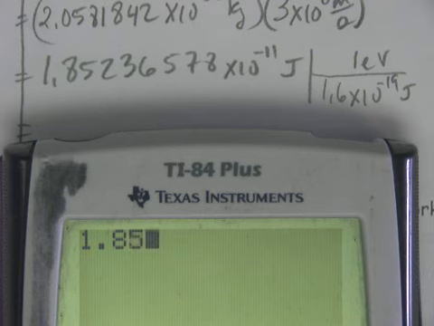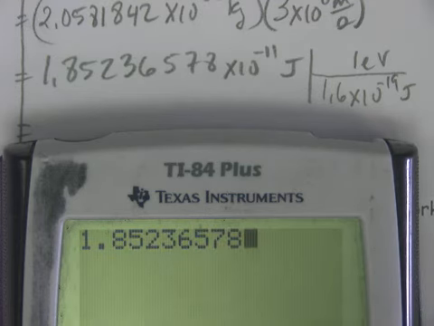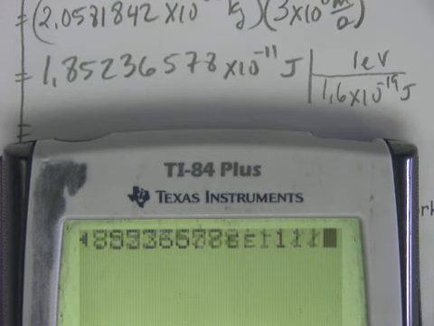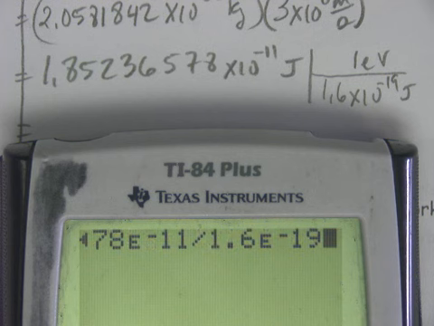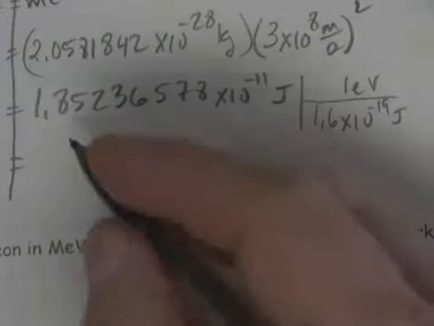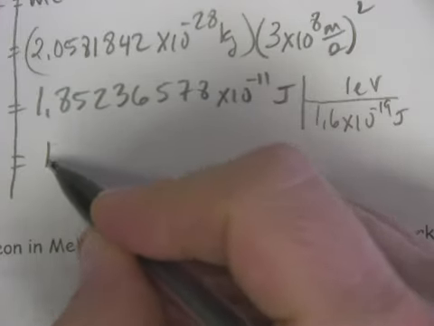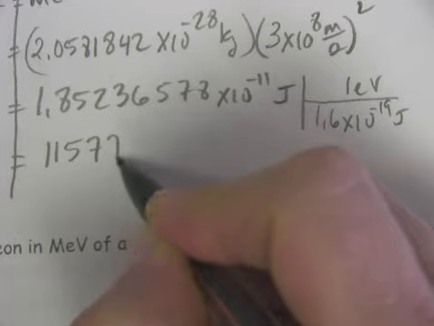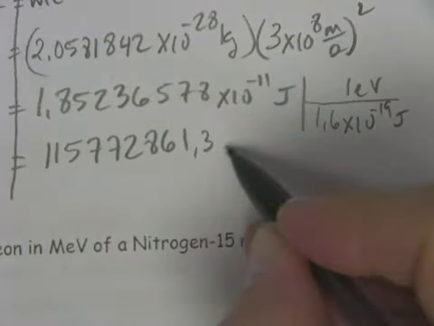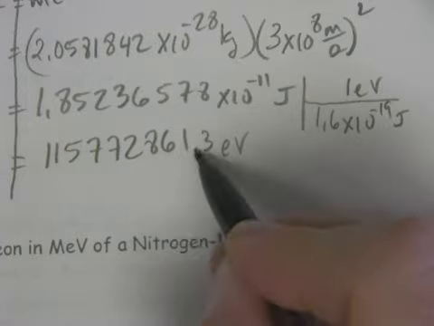So 1.85236578. Did I get that right? Yep. Times 10 to the minus 11th. And then I'm going to divide by 1.6 times 10 to the negative 19th. And yes, that's correct. So I'm going to record that. That's 115772861.3, and that'll be now in electron volts.